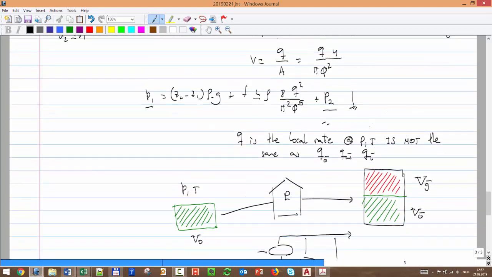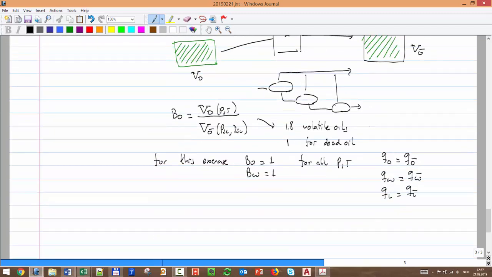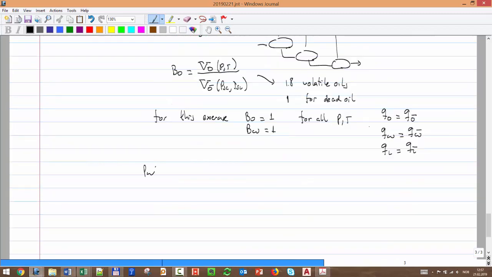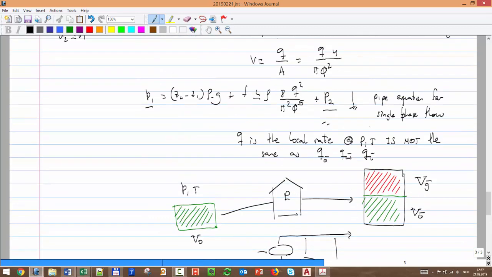Let's call this the pipe equation for single phase flow. Okay. So to go from PWF to P suction, we have to use that equation. Let's call it equation, I don't know what, 1.